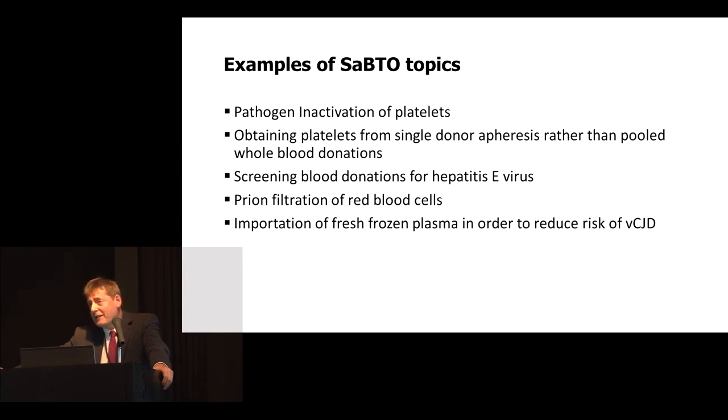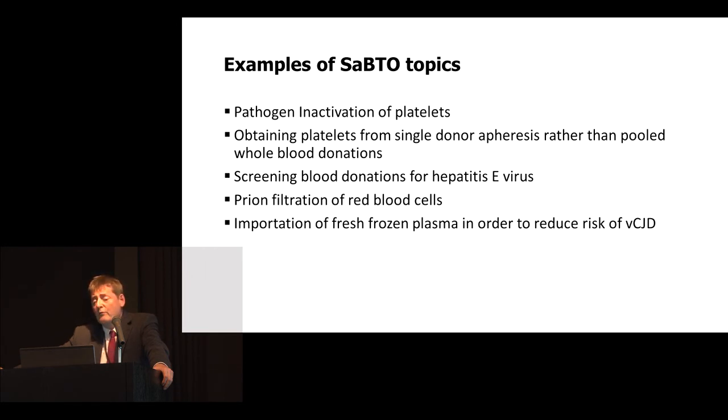But there may be a legacy, because we know very little about variant CJD, and for that legacy, should we introduce policies to make our blood supply safer? So, for example, should we have prion filtration of red blood cells? Or should we import fresh frozen plasma in order to reduce the risk of variant CJD?